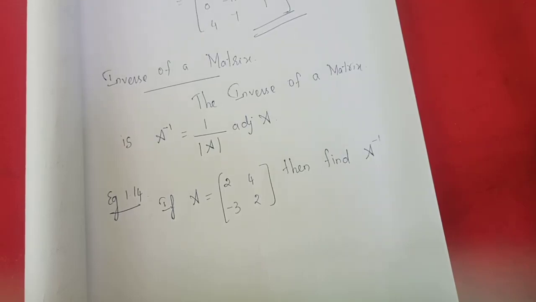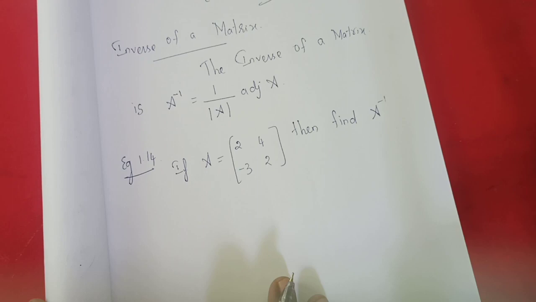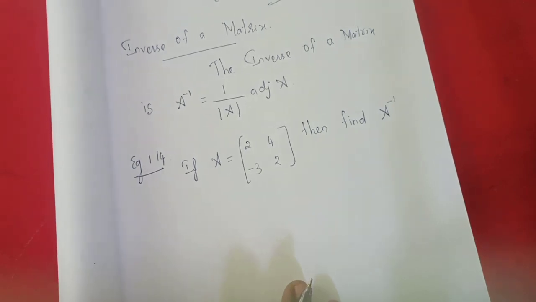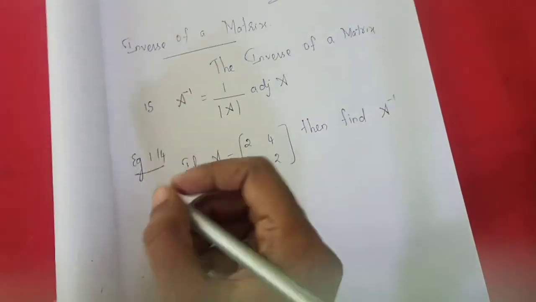If they ask to find the inverse of a matrix, first you need to find the determinant of A. If it is equal to 0, we conclude that determinant of A is 0, therefore the inverse won't exist. If the determinant of A is not equal to 0, then only the inverse will exist. So first check whether the determinant of A is 0 or non-zero.